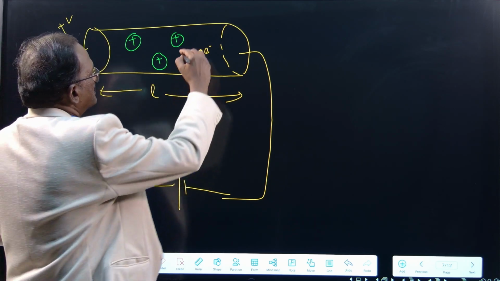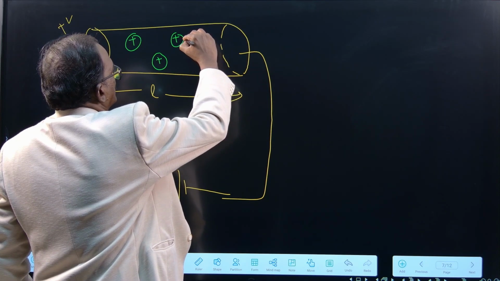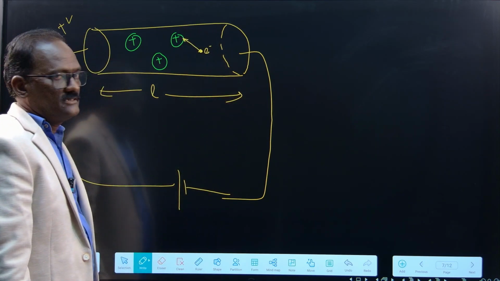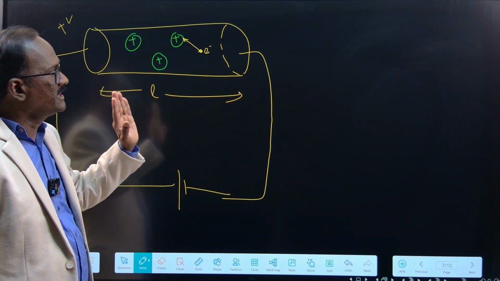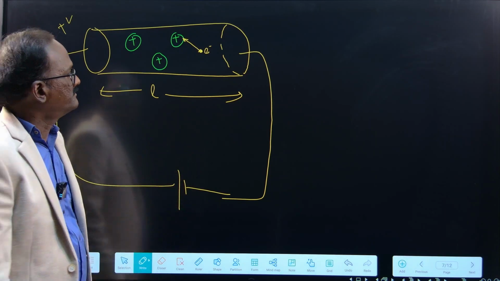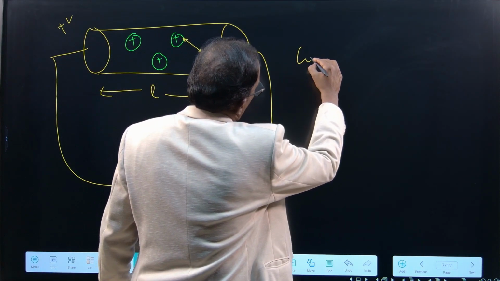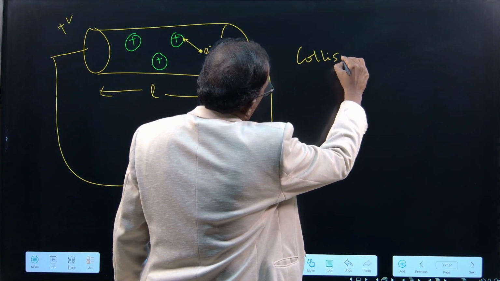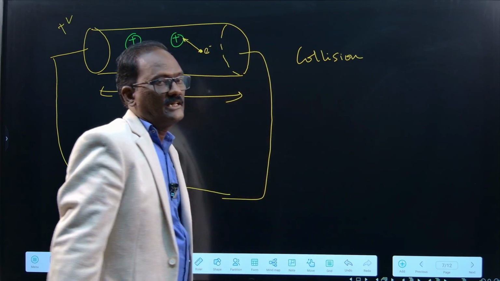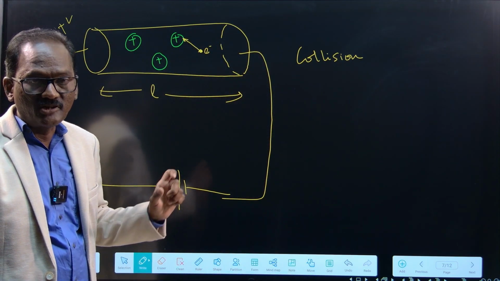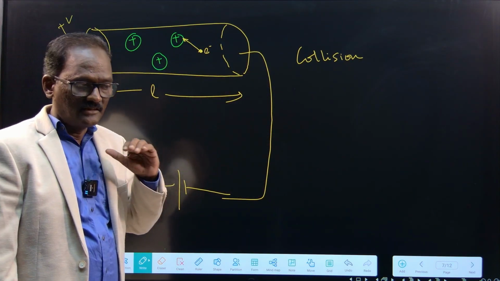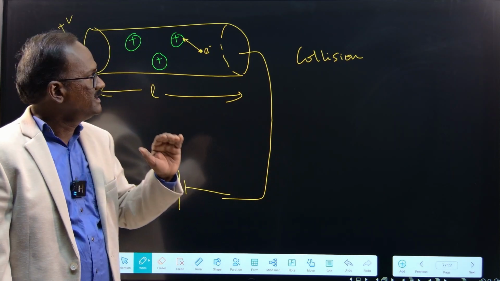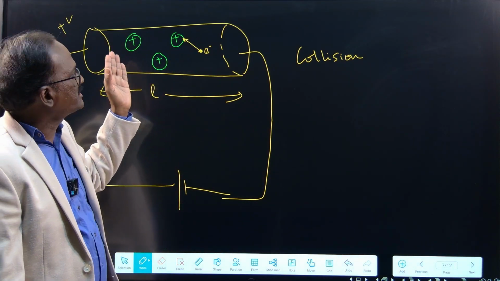The electrons, on their journey to reach this end, will collide with the positive ions. On their journey to the left hand side, they are encountering the positive ions.